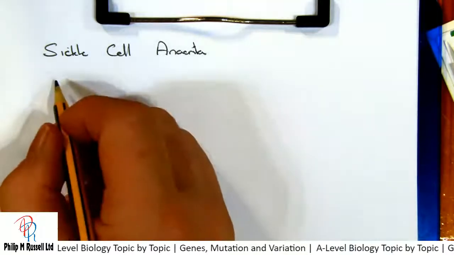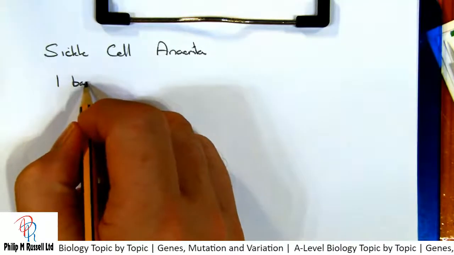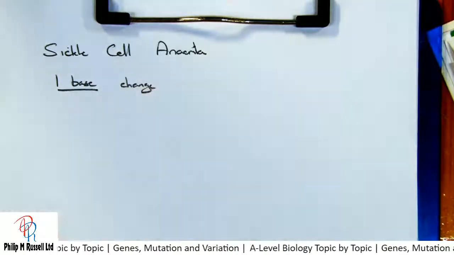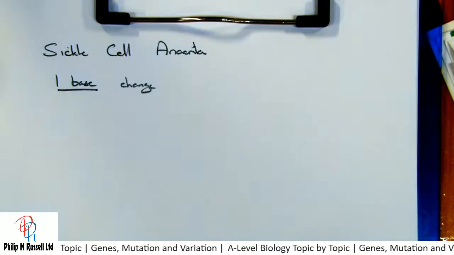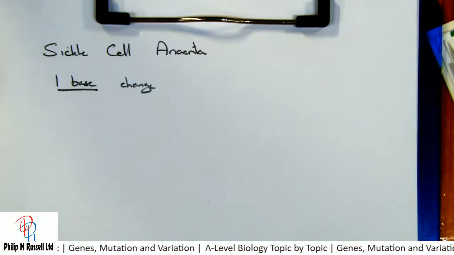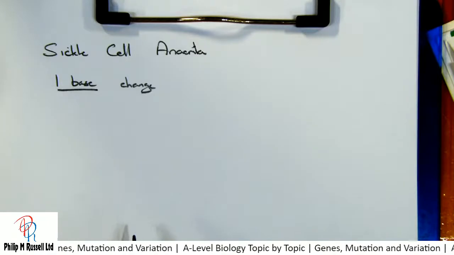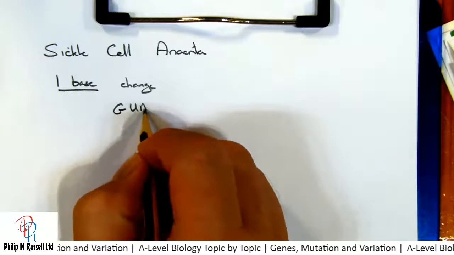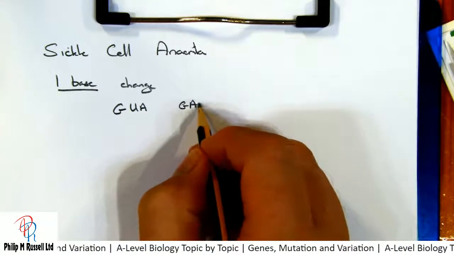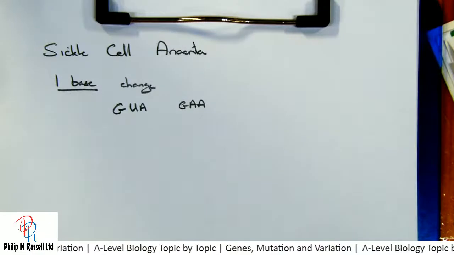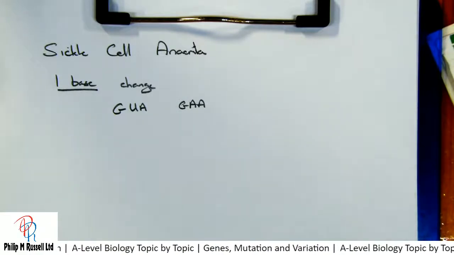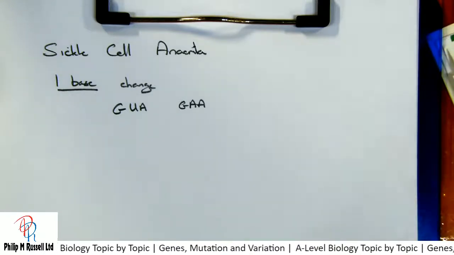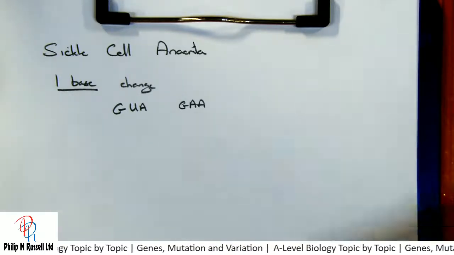Well, we're looking at one base change, and it depends where this one base change occurs. So what we get is a GUA rather than a GAA. Looking at my little table, what does that do?